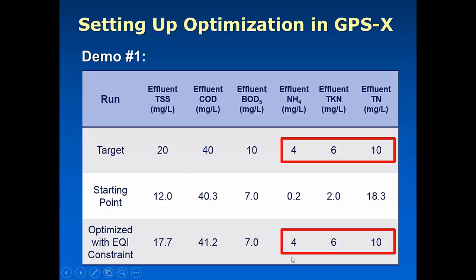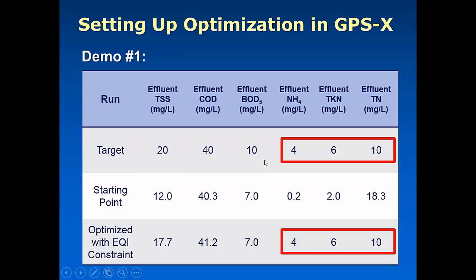So what this is telling us is that the optimizer dialed back the aeration and made adjustments to basically back the treatment off as far as it possibly could until it hit that limit. So basically the ammonia, part of that nitrogen side, is what's really driving this optimization here.